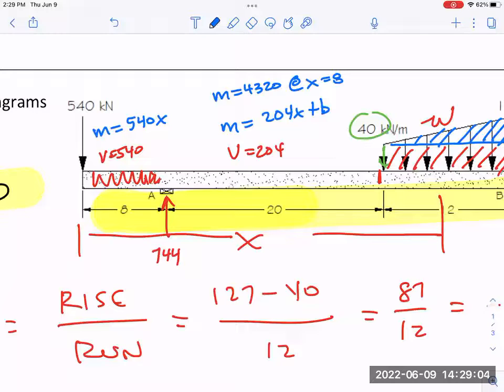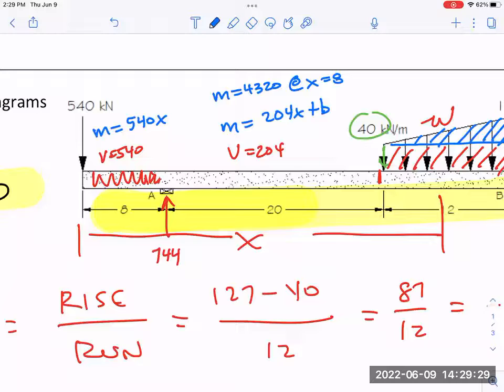So B will be 58. What'd you get? I got negative 59.52 for that B value. And this 4320 equals, and then 204 times 8 is 1632, right?